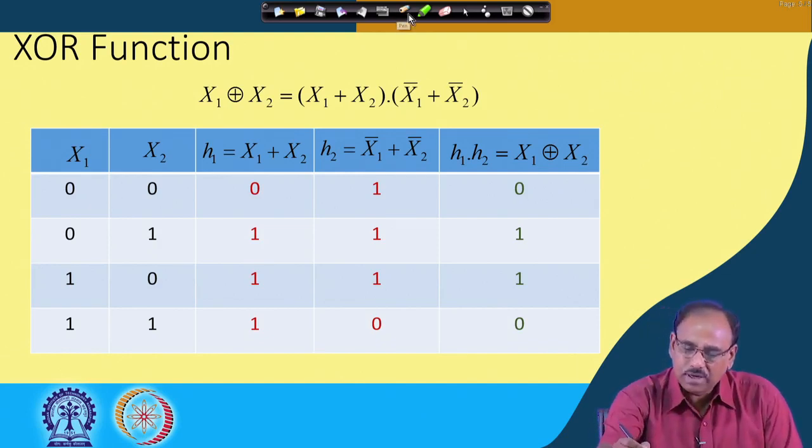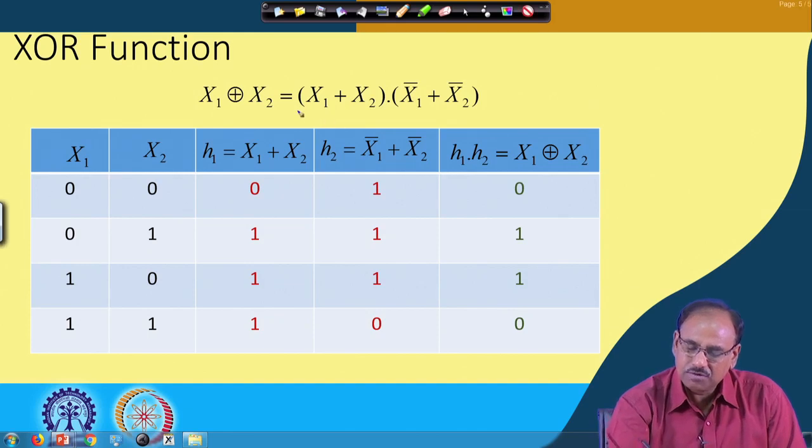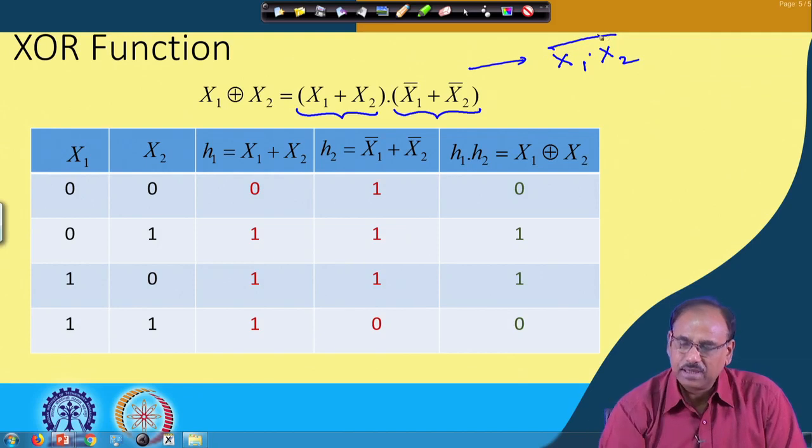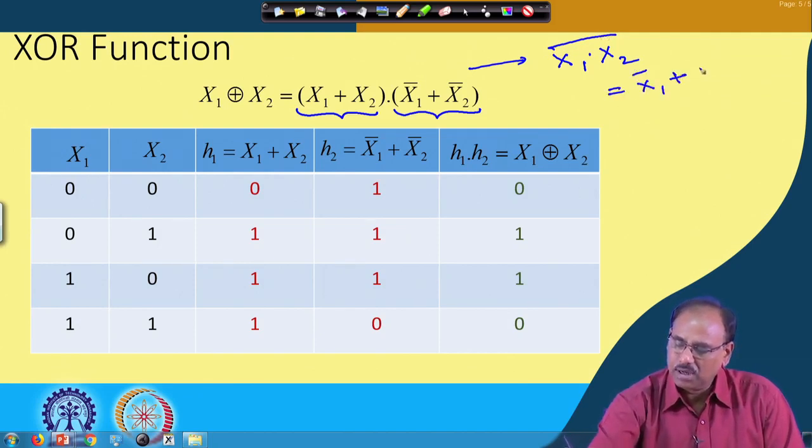Here, I first compute x1 OR x2, and the second one is the NAND operation of x1 and x2, which is nothing but the complement of x1 AND x2, which is x1 complement OR x2 complement.